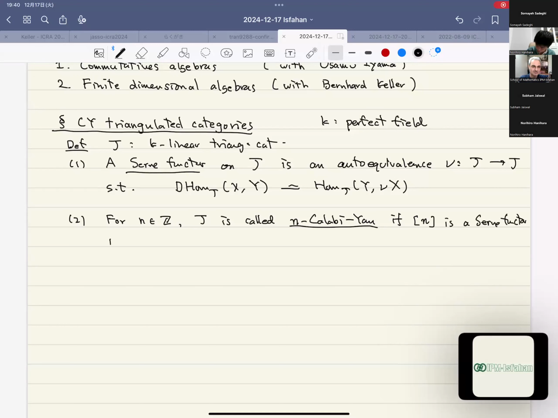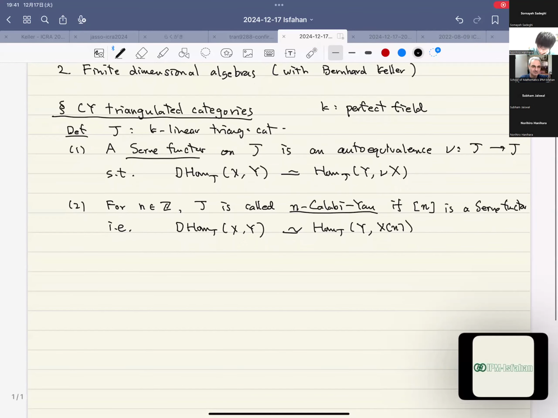So it means that we have this duality formula with the shift [n] in place of nu. So we are required to have this kind of symmetry in the triangulated category.